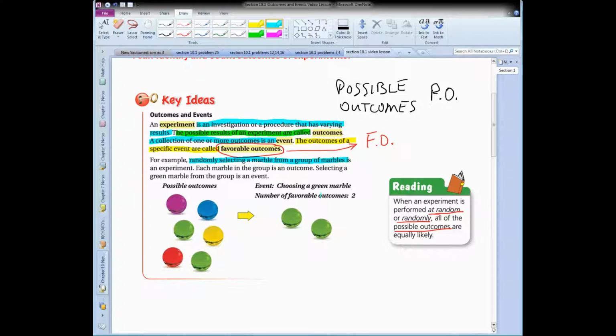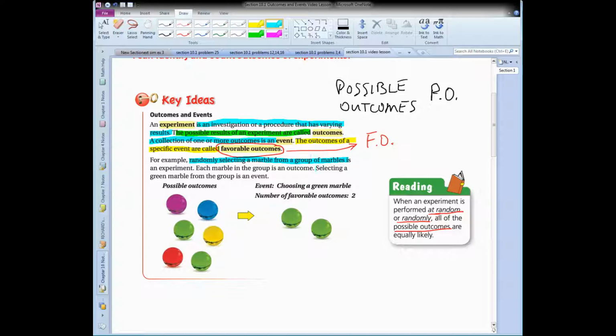Maybe they're in a bag and you can't see, you reach into the bag and you pull one out. You can't see what color the marbles are. And this is your experiment. So each marble in the group is an outcome. If you reach in and pick one marble, that's one outcome of that experiment.